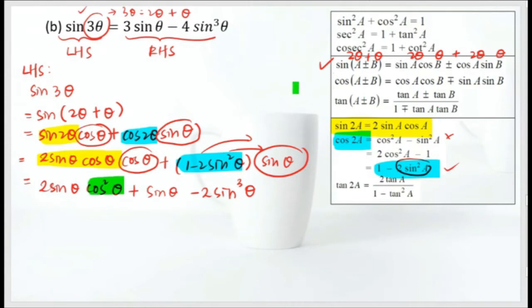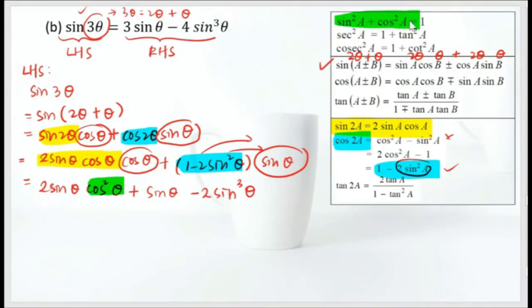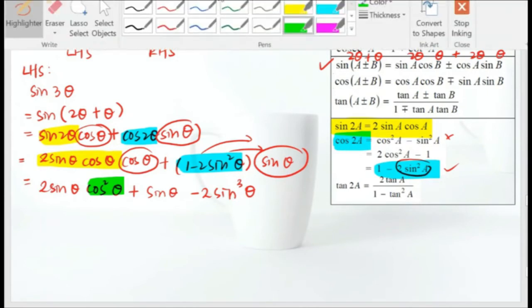Then you go back to your formula list again and see which one involves cos square. Of course, we don't use the double angle now because your answer is without the double angle. So we don't look at this one, we go up. This one. Okay, cos square theta, we change it into 1 minus sine square theta.